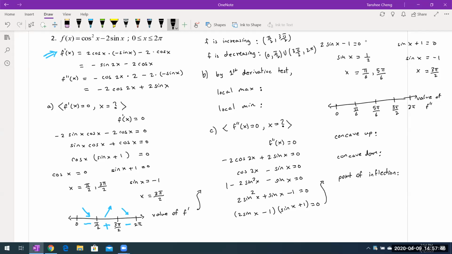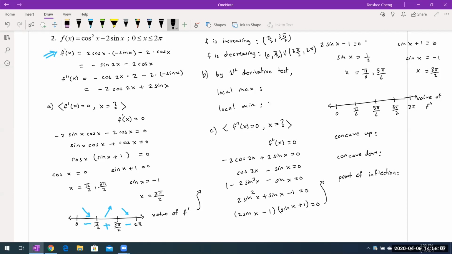So the first derivative test helps me with part A, and it also helps me find where my local maximum and local minimum are. You can see that at pi over 2 it goes from decreasing to increasing, so that will be the local minimum.